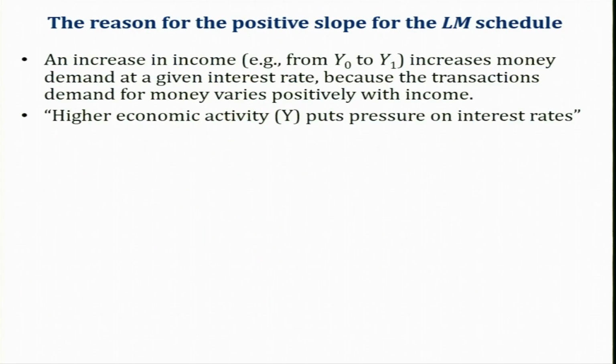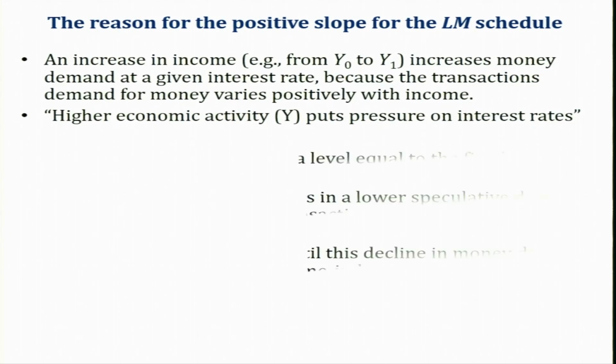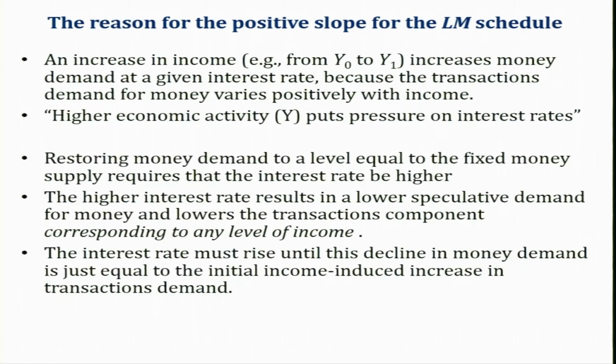So just to summarize, the reason for the positive slope of the LM schedule is that an increase in income increases money demand at a given interest rate, because transaction demand for money varies positively with income, and higher economic activity puts pressure on interest rates. So in order to restore money demand to a level equal to the fixed money supply, the interest rate must be higher.